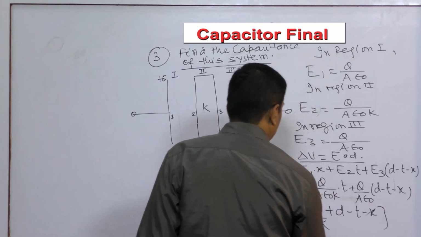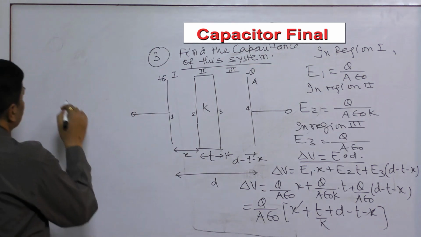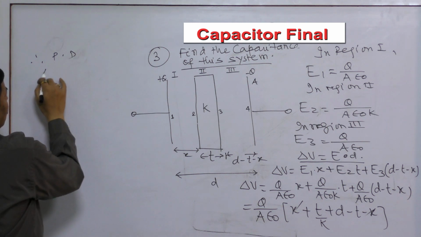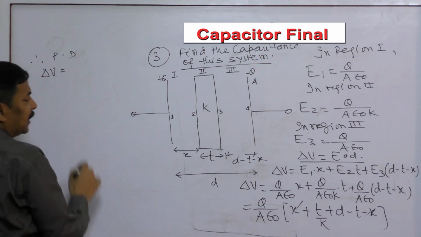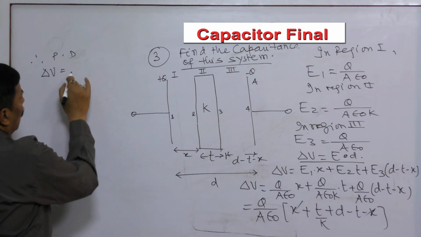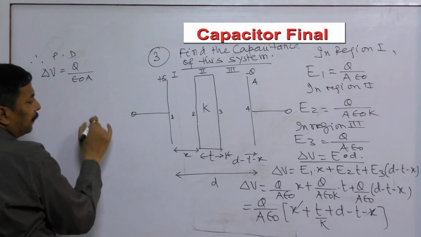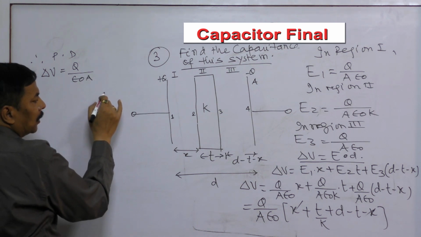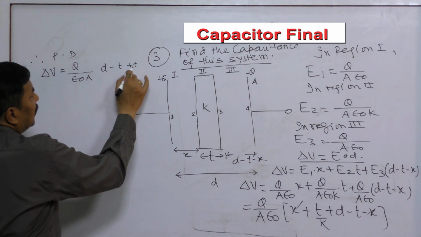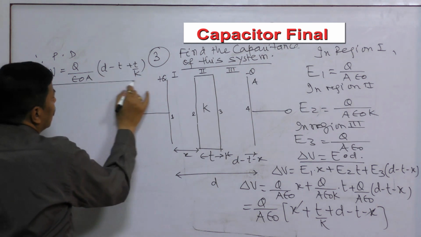So this x will cancel. Therefore, potential difference delta V is equal to Q by epsilon naught A into D minus T plus T by K.